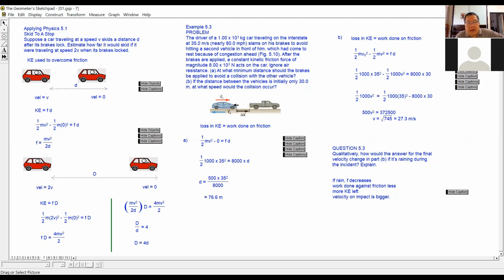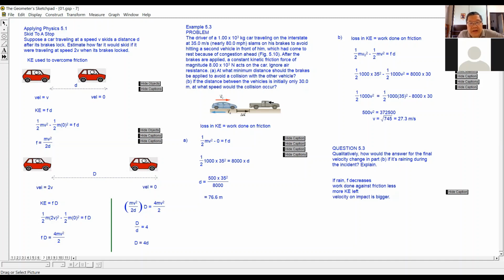Now the distance between the car and the truck needs to be a certain minimum distance, right? If the distance is too short, then the car will hit the truck. If the distance is a bit longer, then the car will not hit the truck.